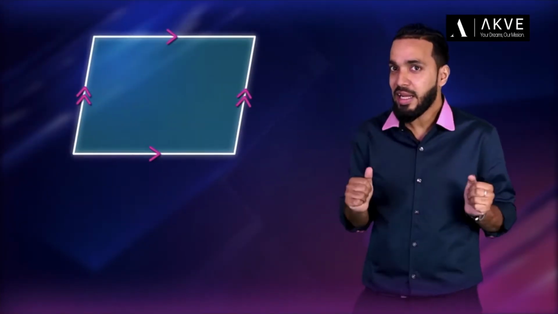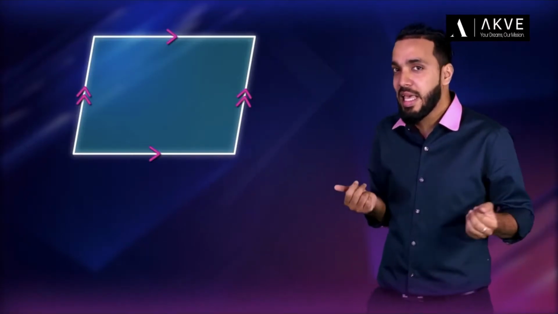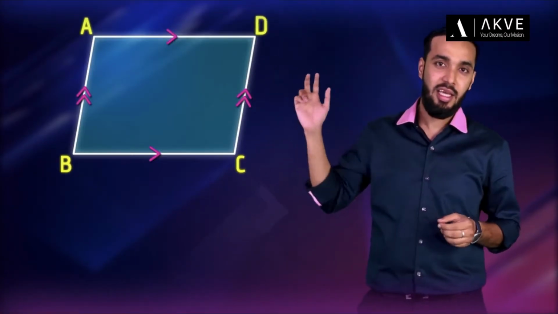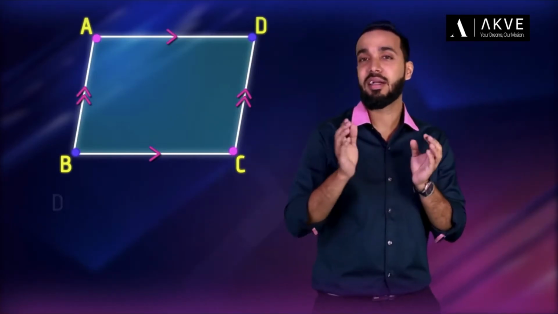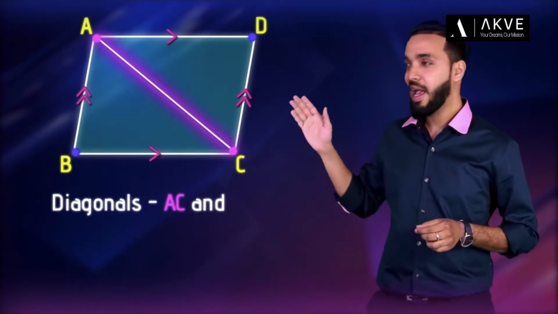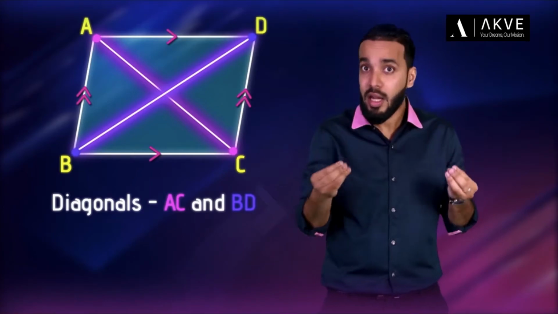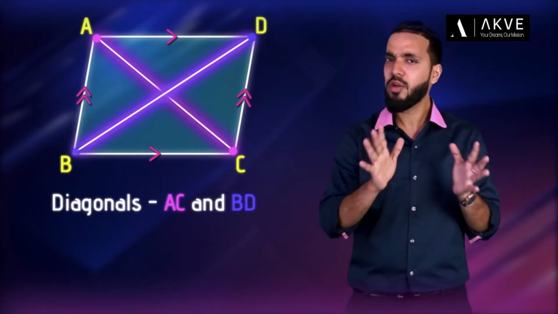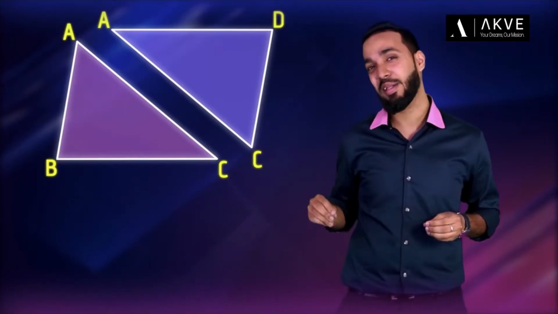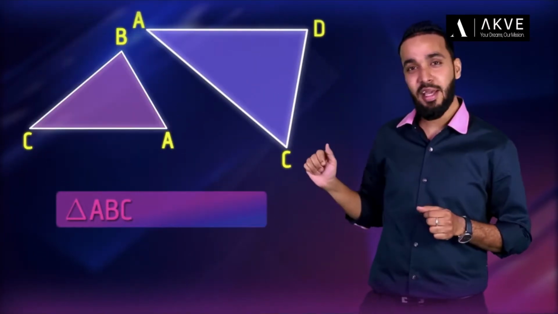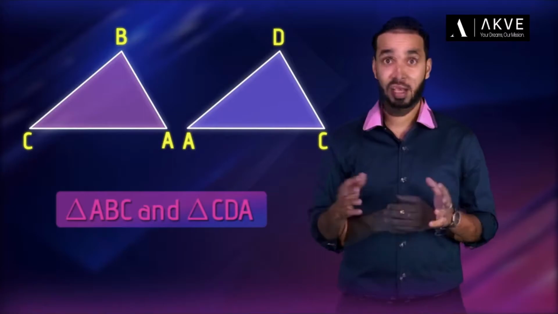We saw that if we take a parallelogram, say ABCD, and join its non-adjacent vertices, we would get the diagonals AC and BD. And on cutting the parallelogram along one of its diagonals, say AC, we would get two triangles, namely ABC and CDA.